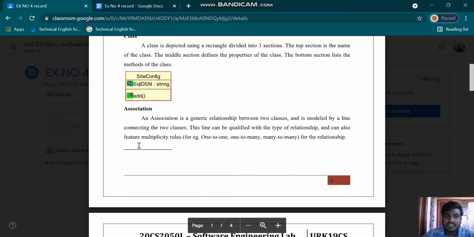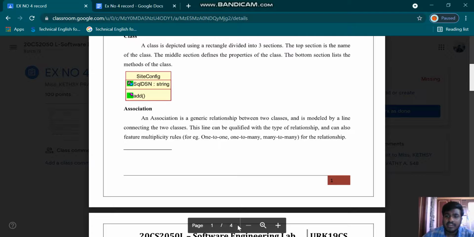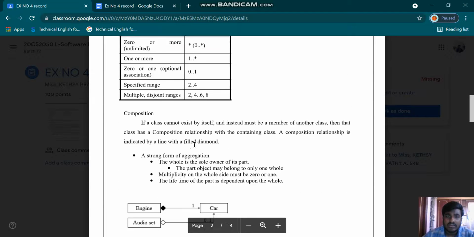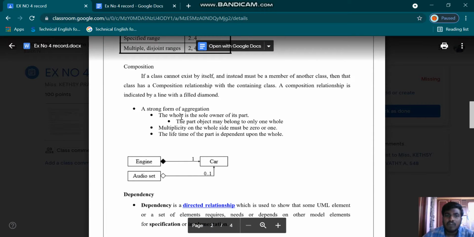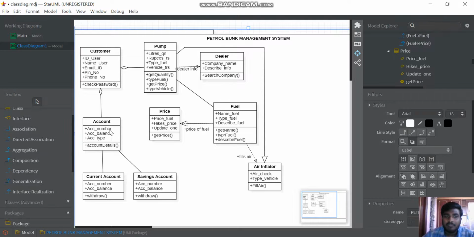Association: the line used to link, that is, join one class with another class, is called association. There are many types of associations. And composition, a strong form of aggregation, means the part object may belong to only one whole. For example, this account belongs to current account and savings account only; there may not be a third account. So this is called a composition.